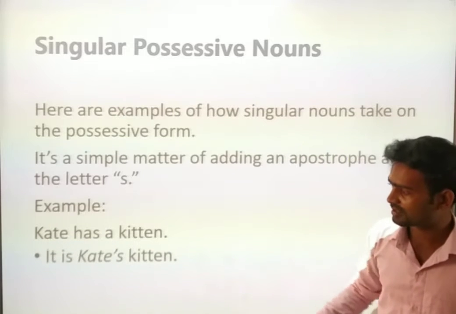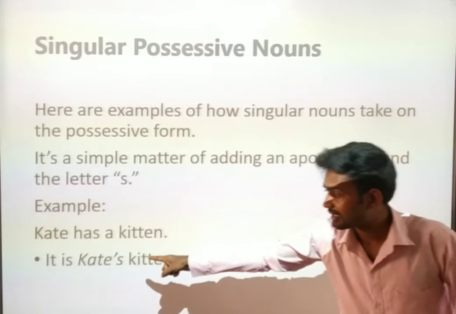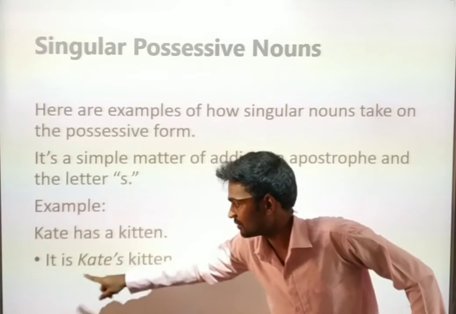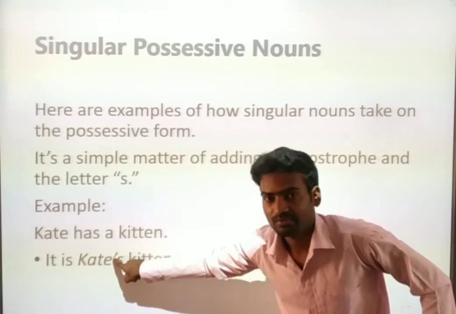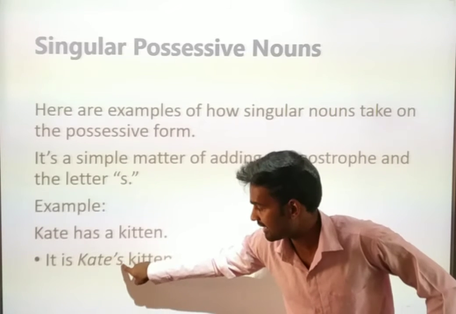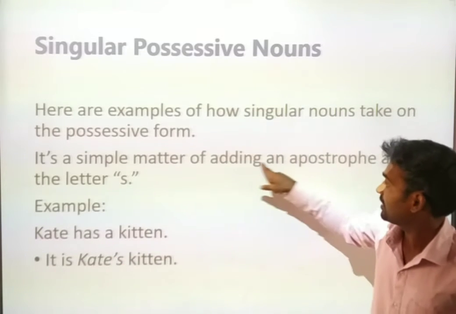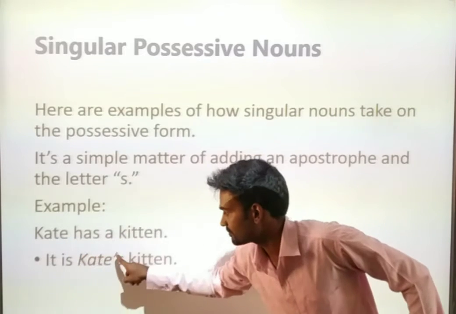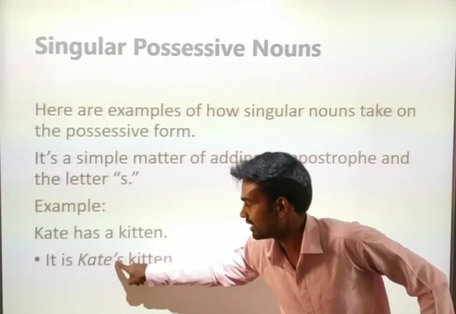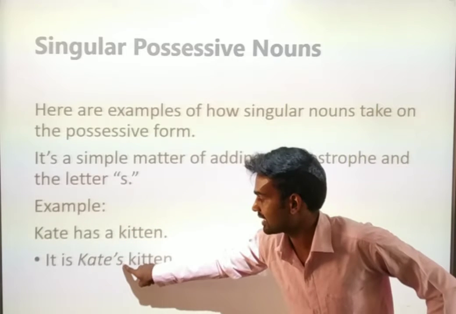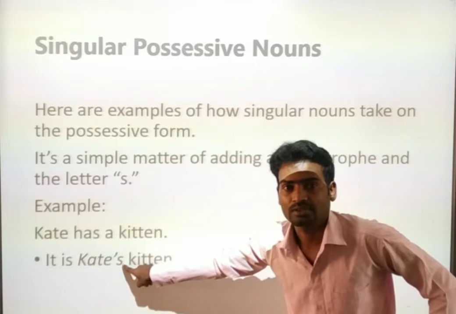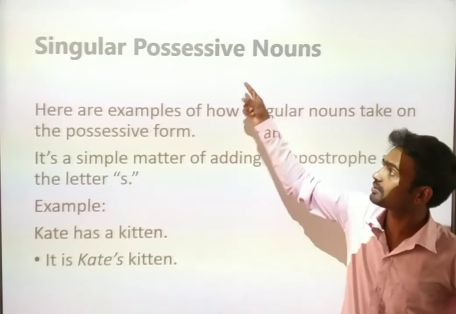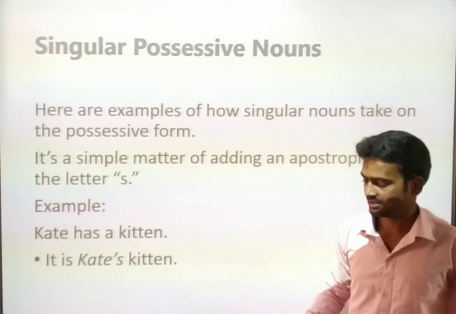So when we change this, it is Kate's kitten. So the subject is a noun. When we add an apostrophe plus S to this noun, ultimately it becomes the singular possessive form, right?